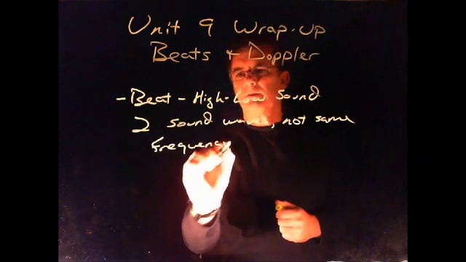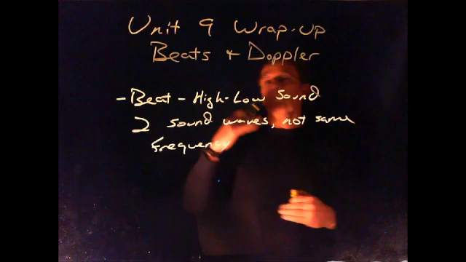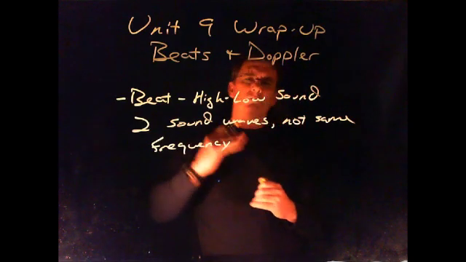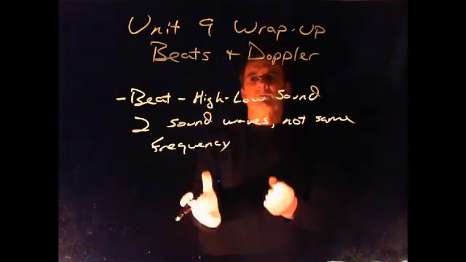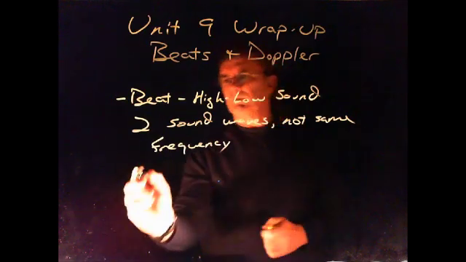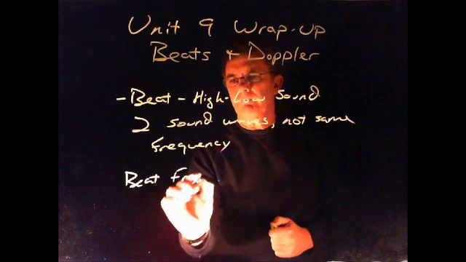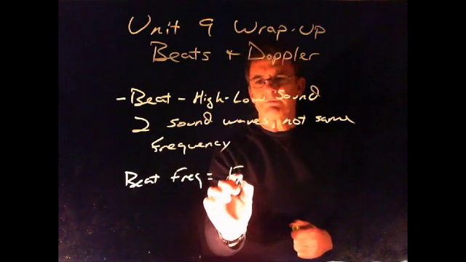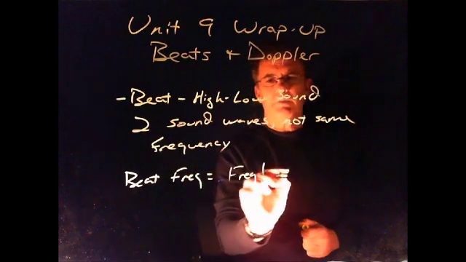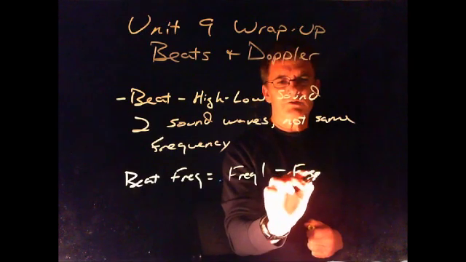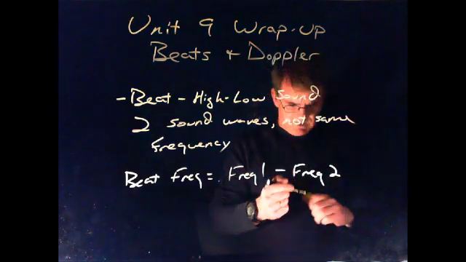Now, the beat that you hear, or the rate that the sound goes up and down, is the difference between the two frequencies. So the beat frequency is simply frequency 1 minus frequency 2. It's one frequency minus the other.